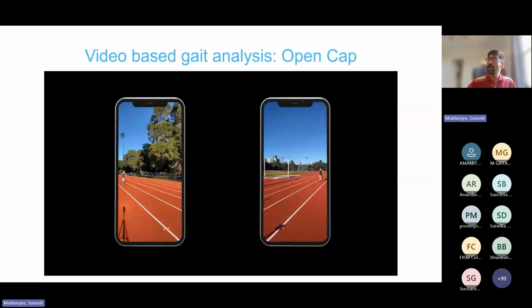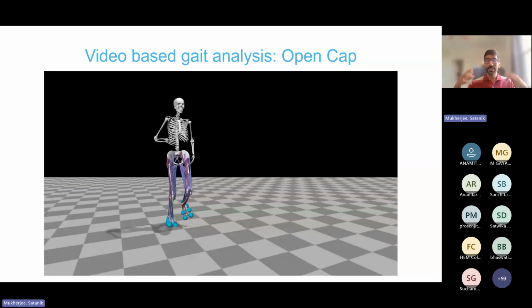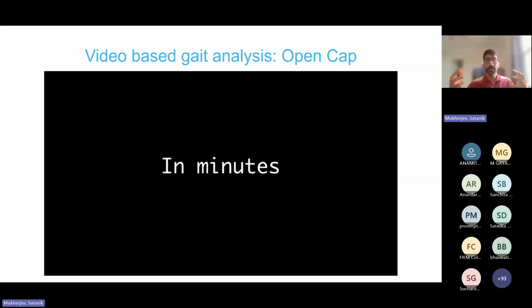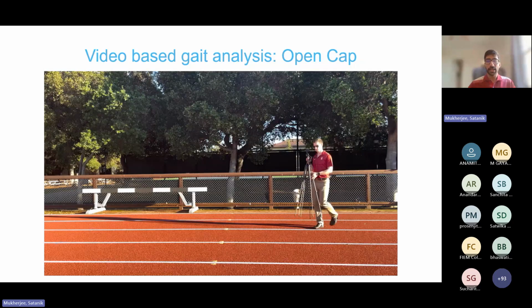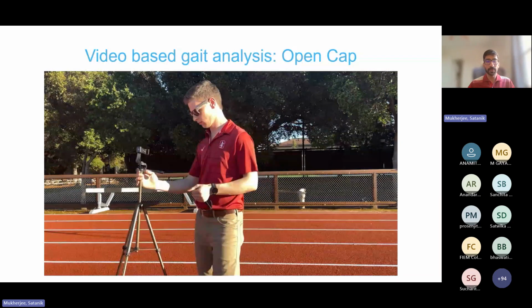So you can use two iPhones to capture a video of a patient, and then this software, OpenCap, uses AI-based tools to track the motion of the person from the video.